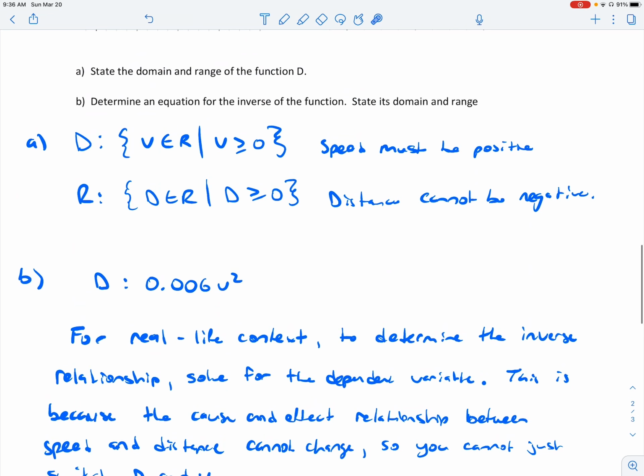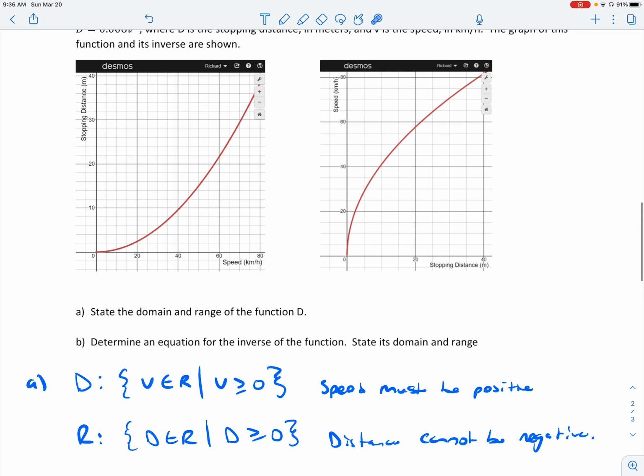This equation corresponds to this graph, which shows the stopping distance versus speed. Let's take one point. If we're going 40 kilometers per hour, that corresponds to a stopping distance of, let's say, 9 meters.